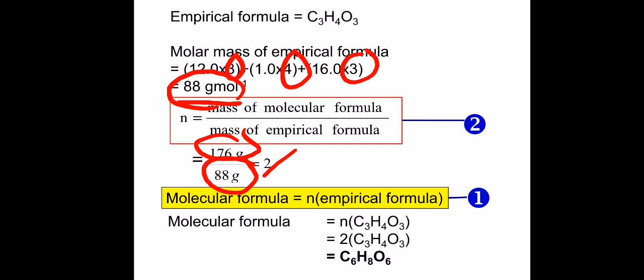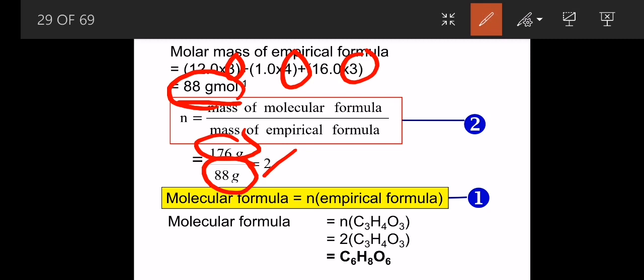You will get 2 times 3, 6 of carbon, 2 times 4, 8 of hydrogen, and 2 times 3, 6 of oxygen. So your molecular formula will be C6H8O6.